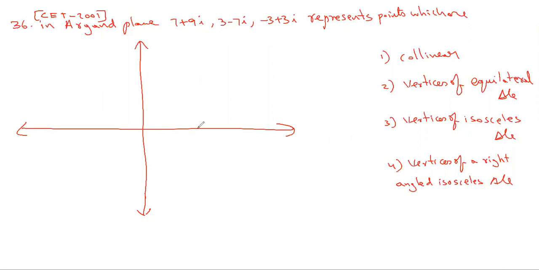So let us take each as some 2, 4, 6, 8, and 10. Now if you see that 7, 9, x is 7, y is 9, 9 and 7 is here.